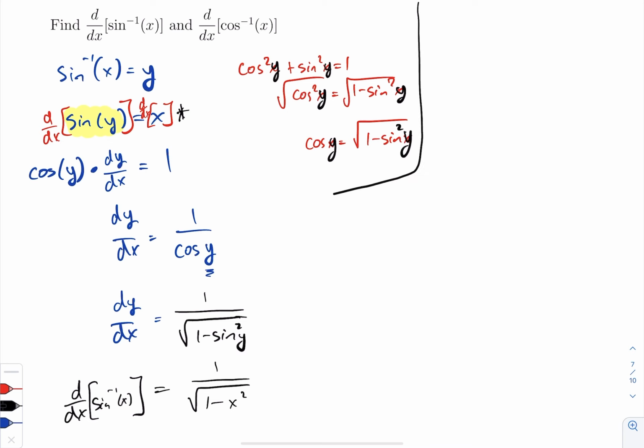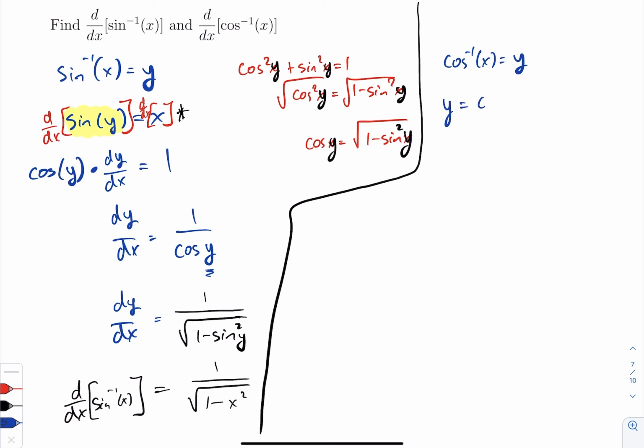And then let's do a similar process for the inverse of cosine. So again, for the inverse of cosine, I can swap the x and y, and I'm left with x is equal to cosine of y.